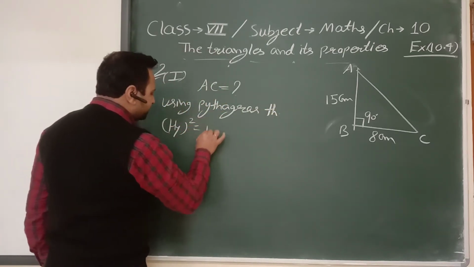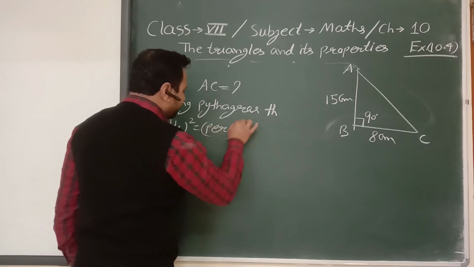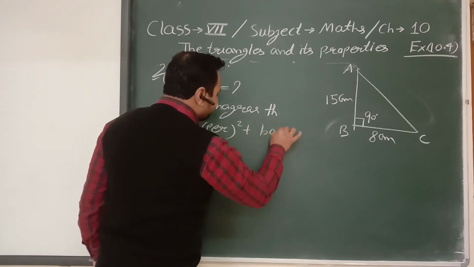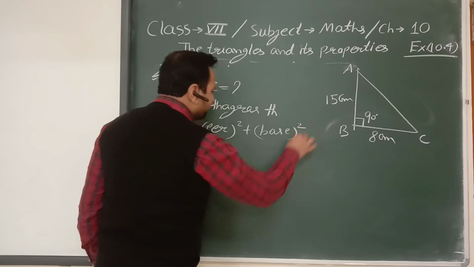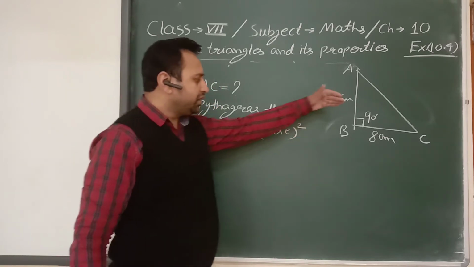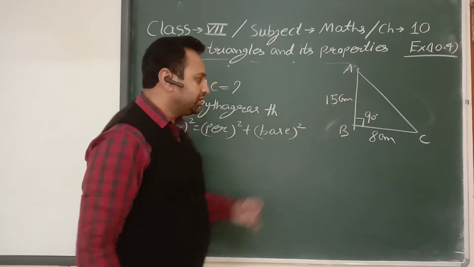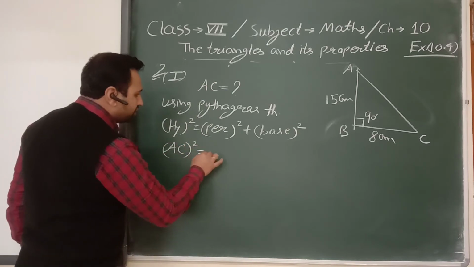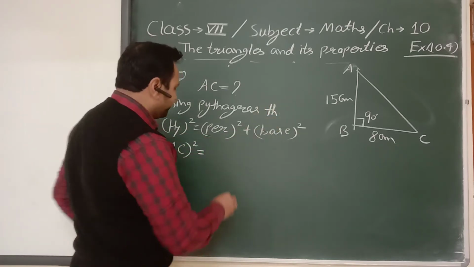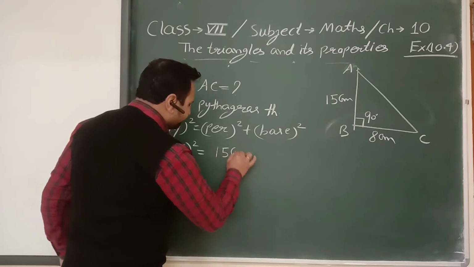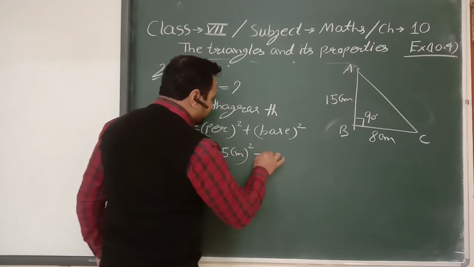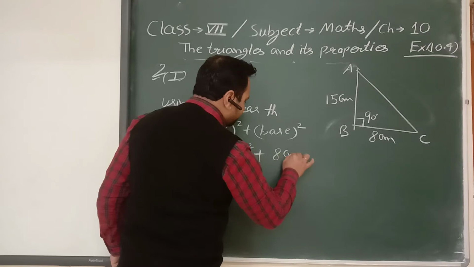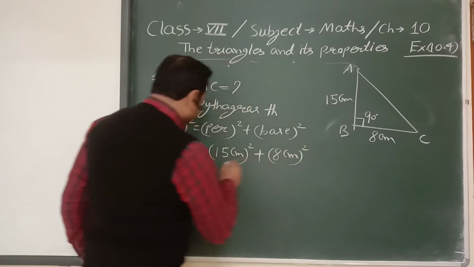Hypotenuse square is equal to perpendicular square plus base square, and we know that the side opposite to 90 degrees is called the hypotenuse. So AC square is equal to perpendicular, it means 15 centimeter, and base, it's 8 centimeter.